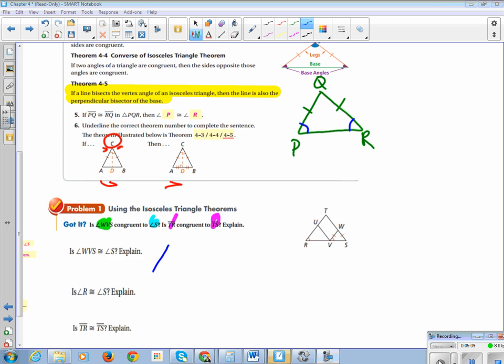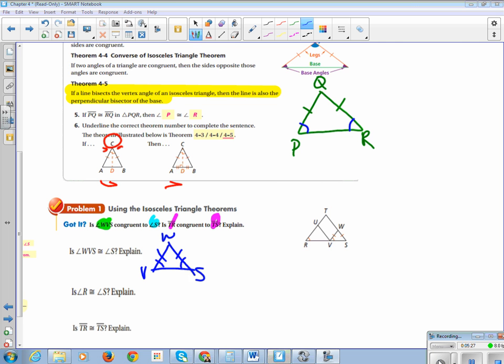Let's look at just this triangle, VWS. We know that these are isosceles. So what does the isosceles triangle theorem say? That the two angles are also going to be congruent.